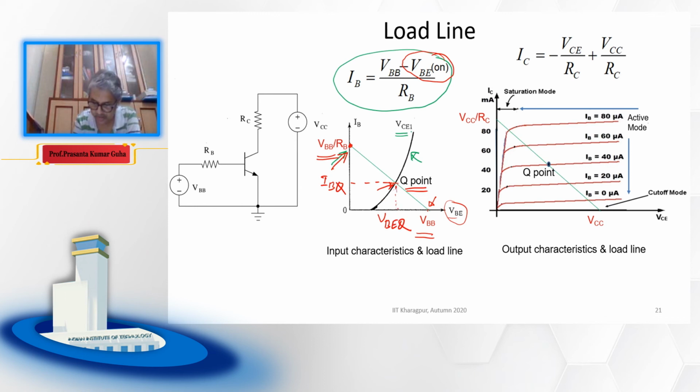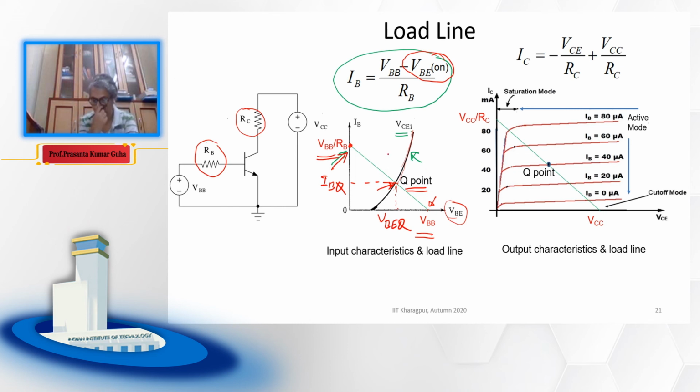The Q point is very important, because it will tell you at what current and voltage this transistor is operating, because you have used RB, RC, etc. Those define the current. IB and VBE follow this exponential plot, but on this exponential plot, where the transistor is sitting, we need to find out.